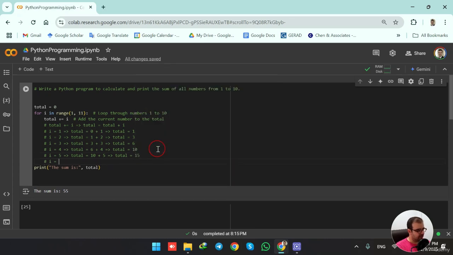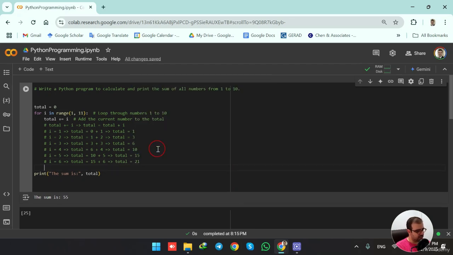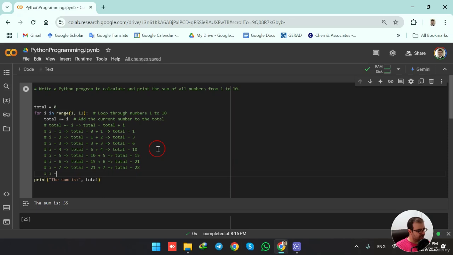Then i equals 6, total equals 15 plus 6, so total equals 21. Then i equals 7, total equals 21 plus 7. Therefore, total equals 28.